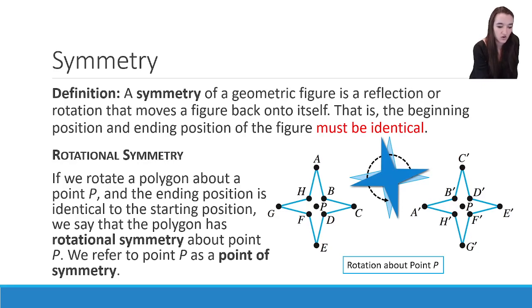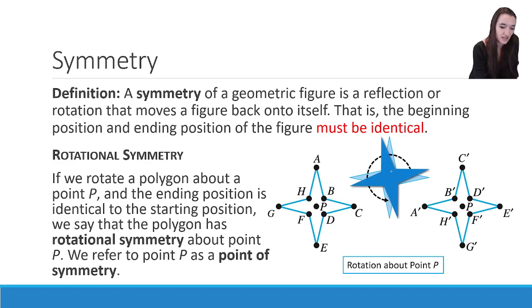Just like with the parallelogram that had 180-degree rotational symmetry, we can have 90-degree rotational symmetry here, we can have 180-degree, 270-degree rotational symmetry. We've got options for our rotations for this shape.